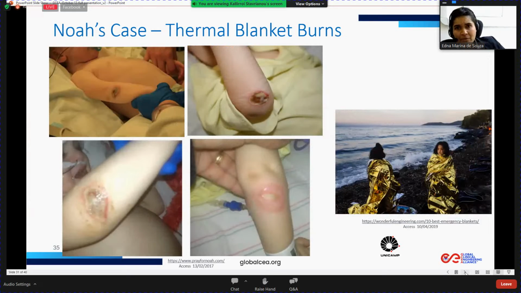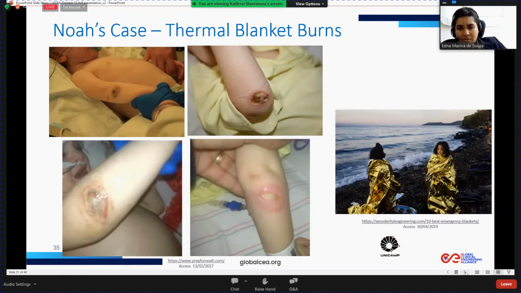Now, let me give you an example of a burning occurrence in an MRI exam. In this case, a child was put inside an MRI scanner with a thermal blanket. Consequently, during the exam, the application of radiofrequency pulses excited his body molecules, leading to a burn on his arm.